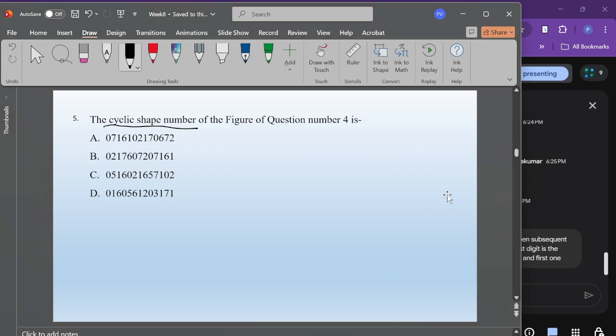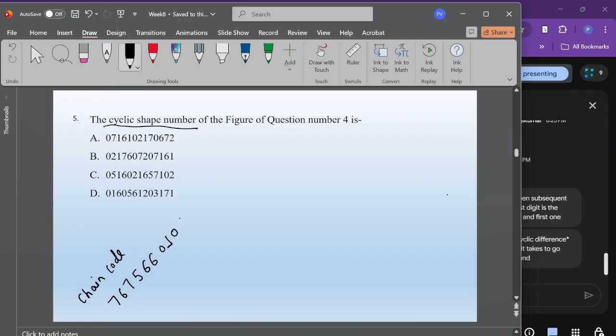The shape number is defined as the first difference of the chain code that results in the smallest magnitude when treated as a single number. The chain code that we have got from question number 4 is the 8 directional chain code: 7675006657, right?